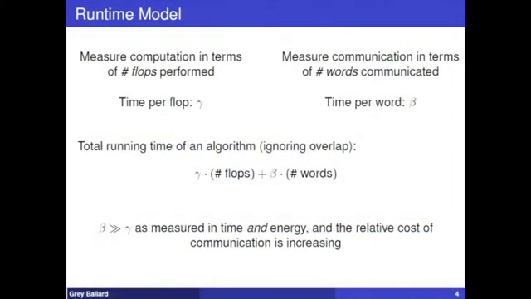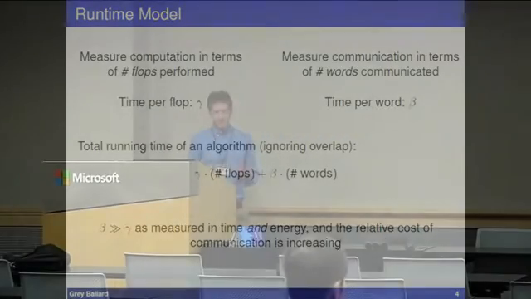We can use these high-level models to get at a basic model of their runtime. So the runtime model that we want to think about includes both computation and communication. The standard way to think about algorithms is just to count how many floating point operations, how many arithmetic operations, I am doing. But the more accurate model, especially on today's machines, needs to take into account the amount of communication, the amount of data movement that's happening. So we can do that by counting the number of flops as units of computation and counting the number of words as units of communication.